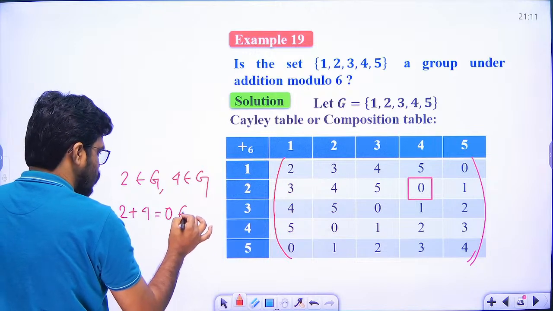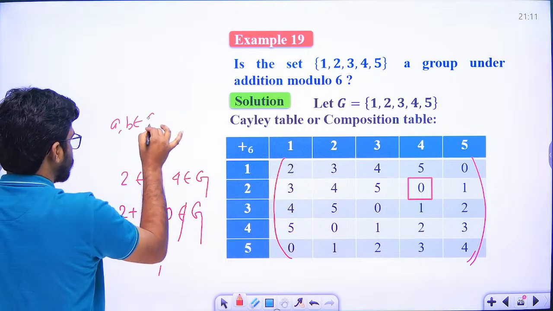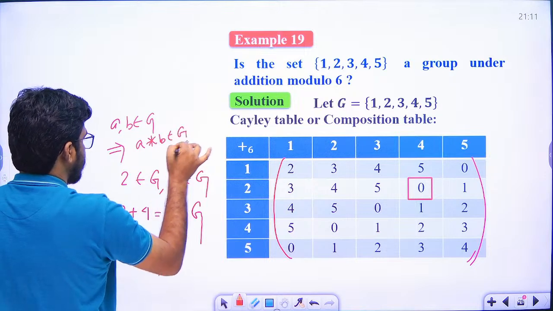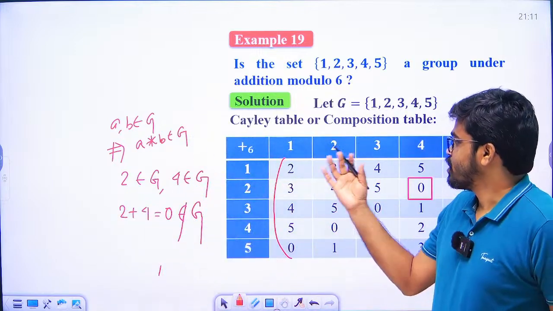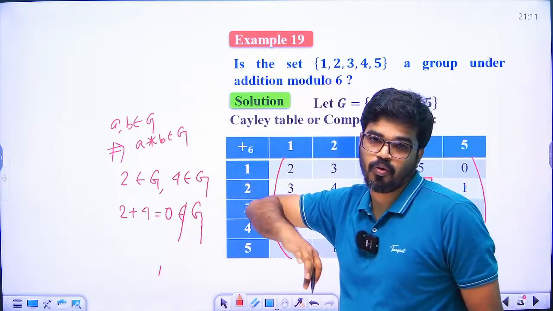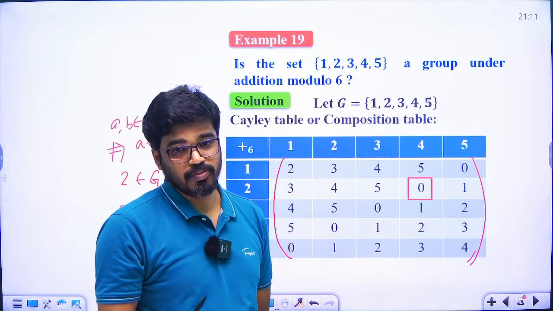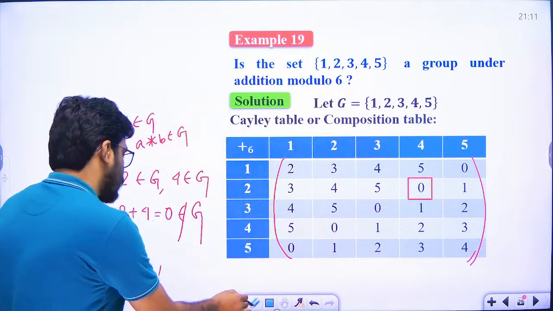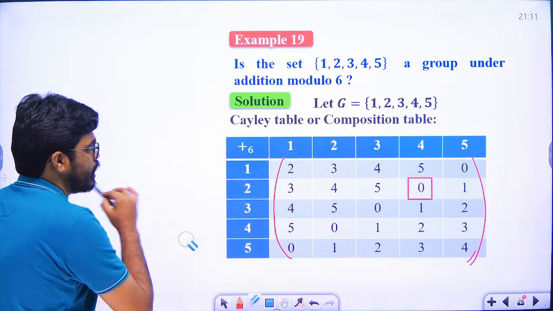So 0 does not belong to G. So a, b belongs to G does not imply a star b belongs to G, so closure property does not satisfy, so this is not closed, so this cannot be a group. Okay, closure property does not satisfy, so this is not a group. Just say 0 does not belong to the set, so closure property is not satisfied, so this is not a group. Clear?